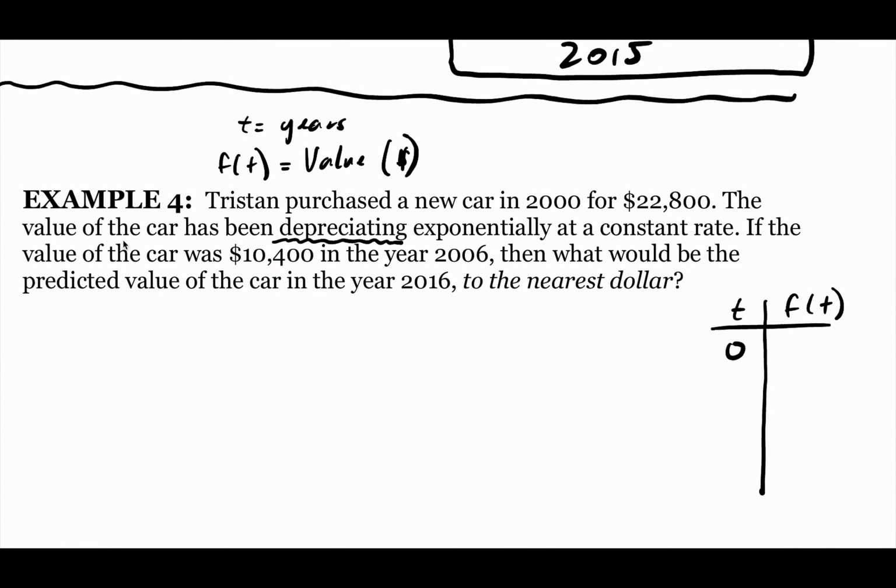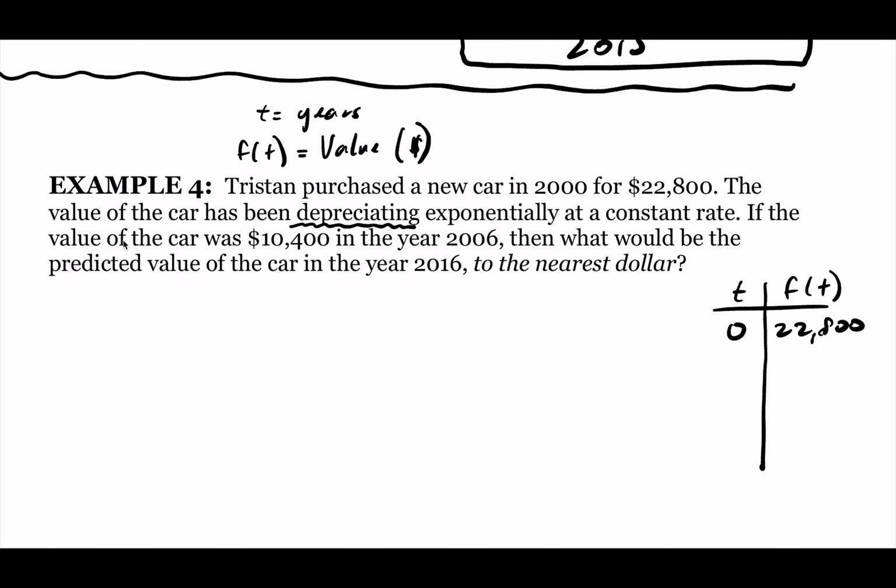Initially in 2000, he bought it for $22,800. And then in 2006, 6 years later, the car was worth less. They want to know in 2016. So 2016 is 16 years from when Tristan initially bought it.